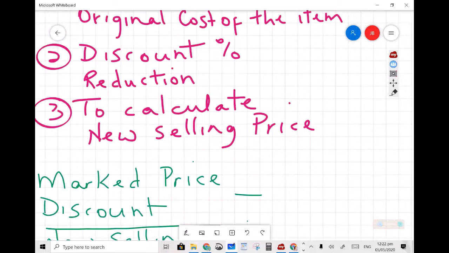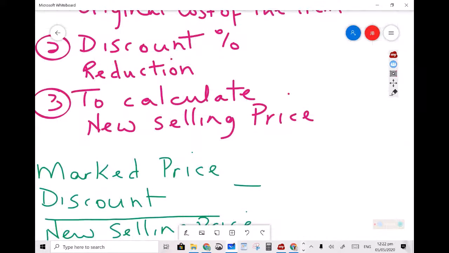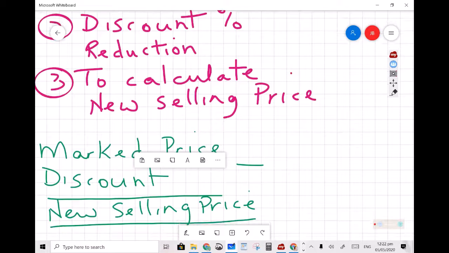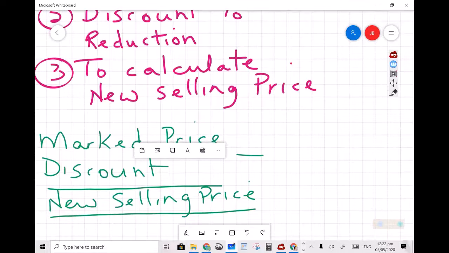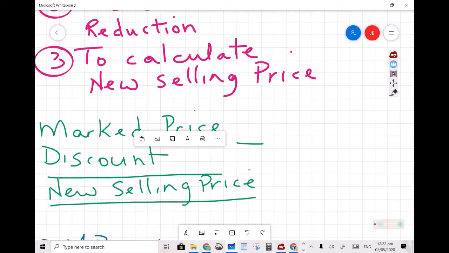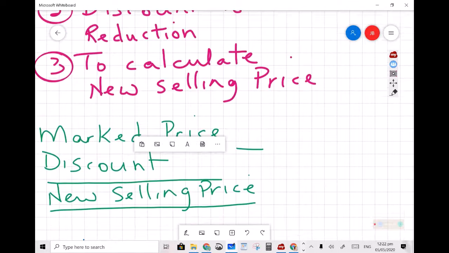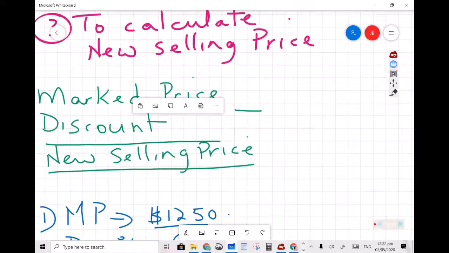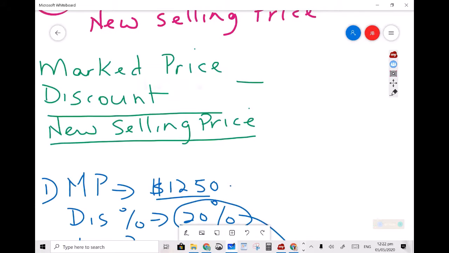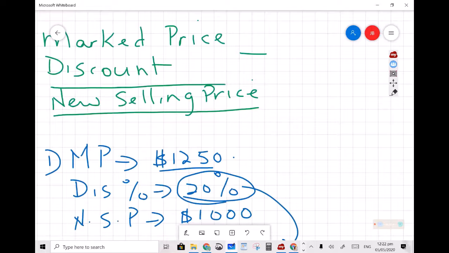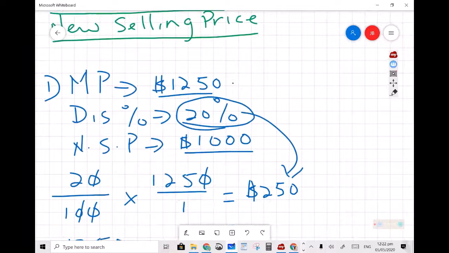Then you have the discount percent, which is a reduction of the mark price, and you must calculate your discount and then subtract it to get your new selling price. So our formula being mark price minus discount will give us our new selling price.